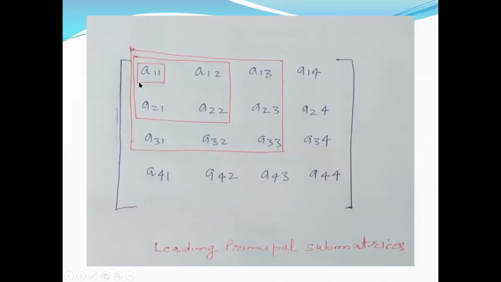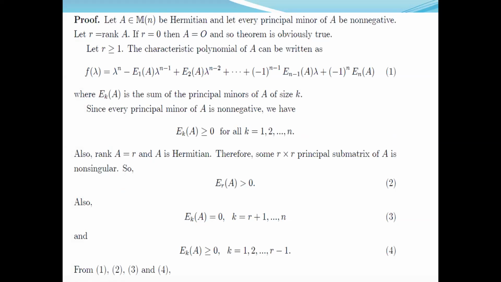These are on the left. This first one, A11, is the first leading principal submatrix. Then take this principal submatrix, this is the second leading principal submatrix, and then take this third one. So all these are leading principal submatrices. Statement is clear? Yes, sir.